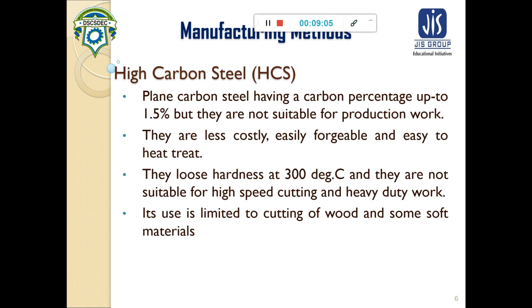What is high carbon steel? High carbon steel is plain carbon steel. It is a plain carbon steel that has a carbon percentage up to 1.5%, and these are not suitable for production work. So whenever the carbon steel has a carbon percentage of 1.5%, it is not suitable for any production work.